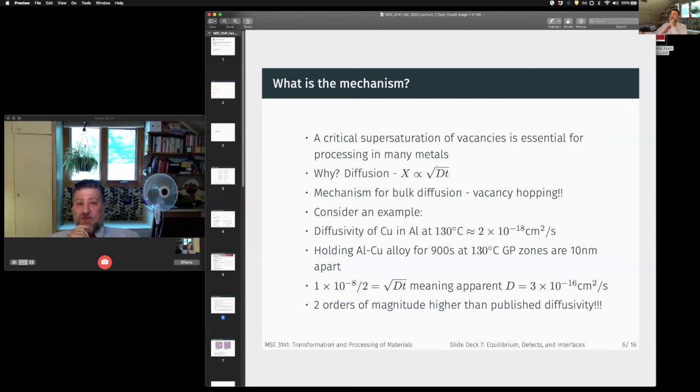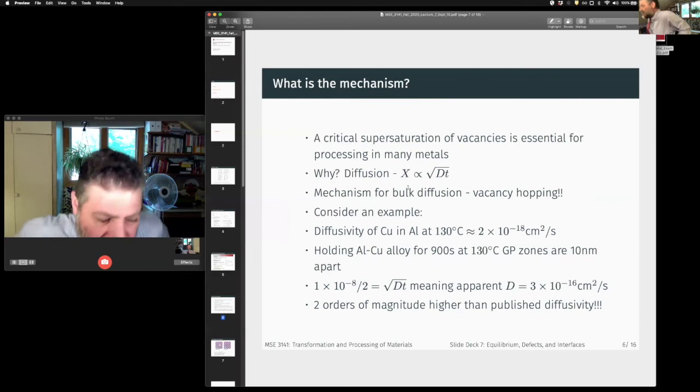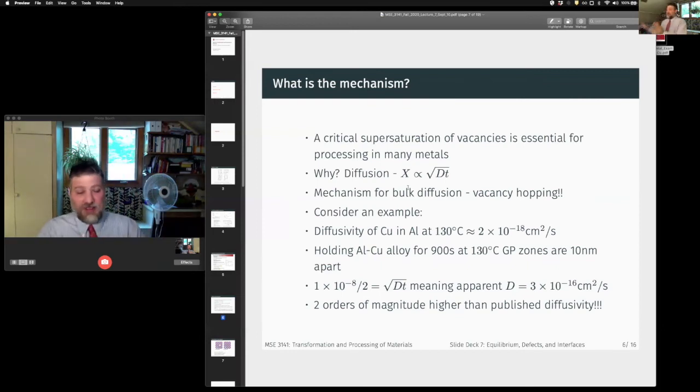They're essential for the processing of many metals and actually many other materials as well. Well, why? Because of diffusion. If we think about diffusional phase transformations, which we're going to spend a lot of time on later in the class, the distance that something is going to diffuse is proportional to the square root of the diffusivity times the time.